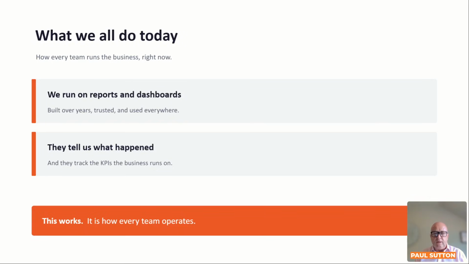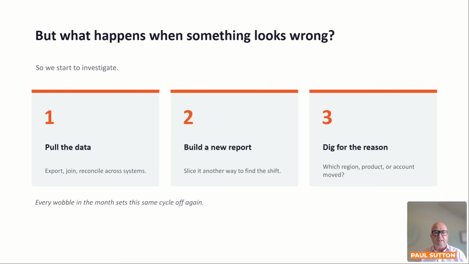So typically when people found something that maybe didn't quite make sense, somebody would be called up, a question would be asked, tell me what's going on behind this number, etc. And then for lots of organizations, that started a trail or a cascade of trying to pull data from different systems, maybe building pivot tables in Excel, creating a new report, trying to interrogate, let's say, the reason. And every question that came up had the same sort of trail in order to be able to pull it out.